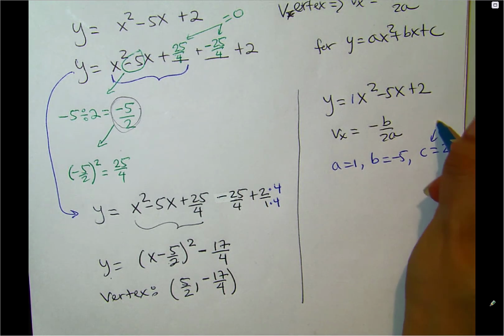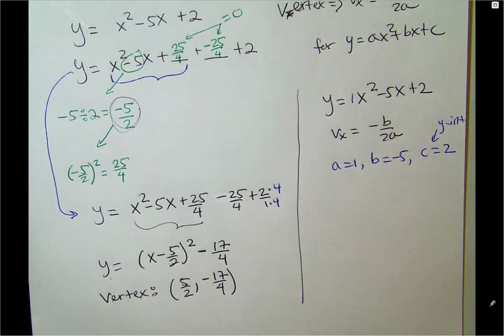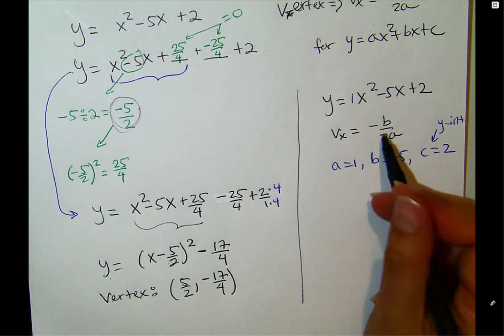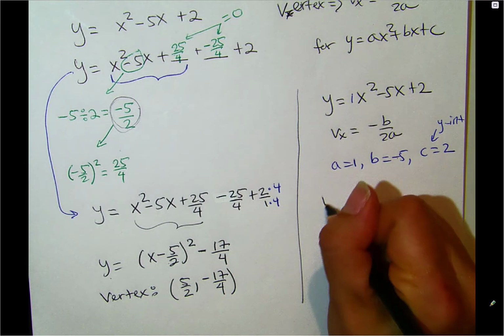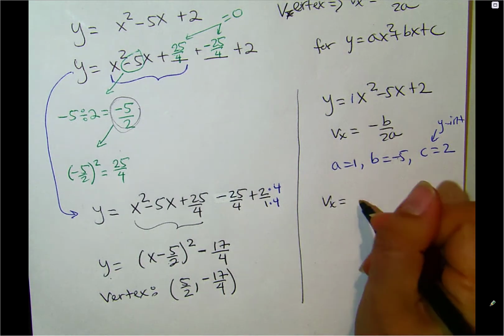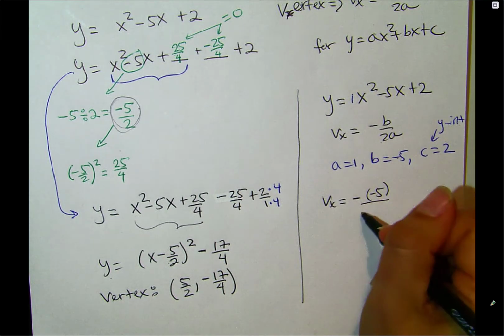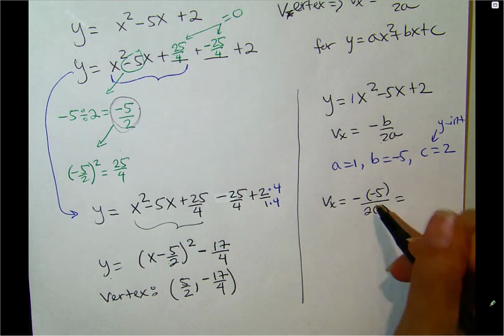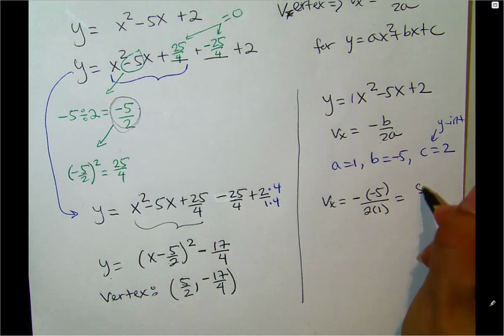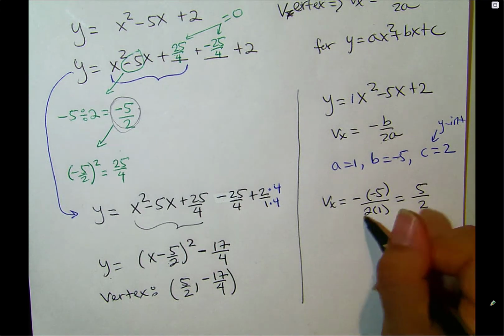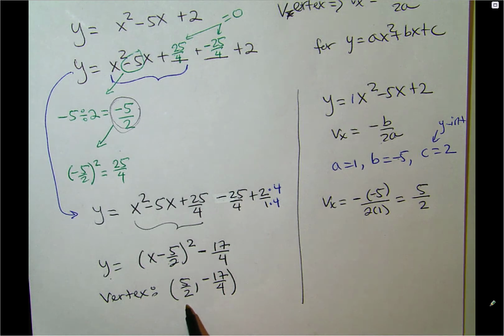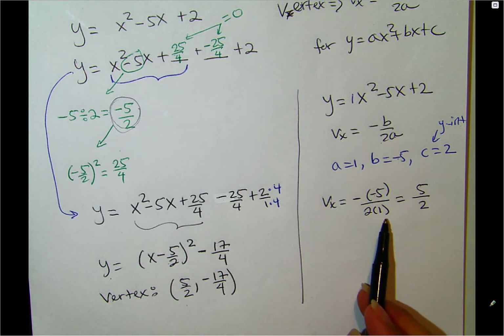C is your y-intercept. So that's good to know when you're graphing. But for the vertex, I need b and I need a. So the x-coordinate of the vertex is negative b over 2a, so minus a minus 5 over 2 times 1. So minus a minus is positive, so I get positive 5 over 2 times 1 is 2, which notice that's what we had here. So this is a shorter way of doing it.